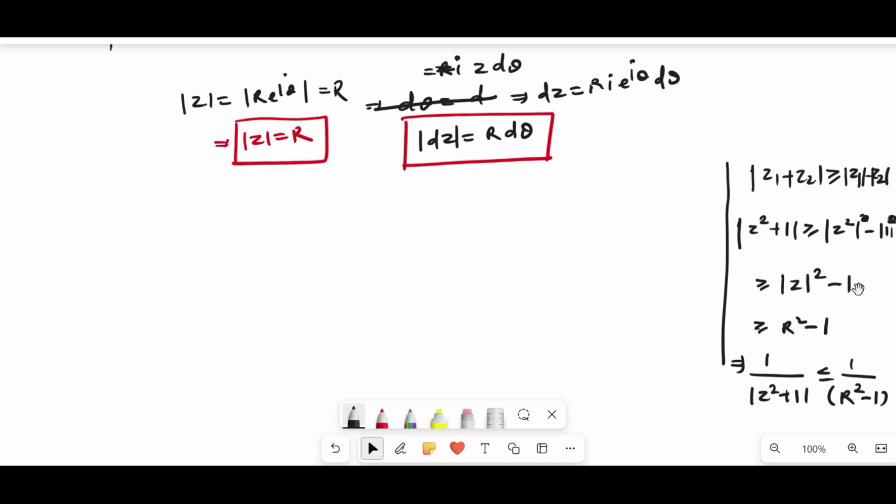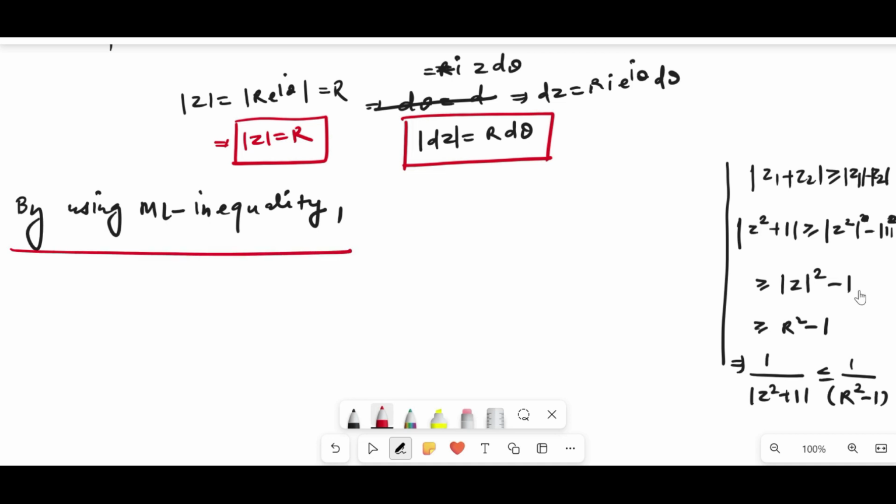So finally, by using the ML inequality, take the mod of the integral over the curve C of R of f of z dz.